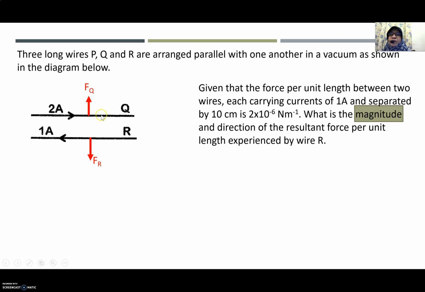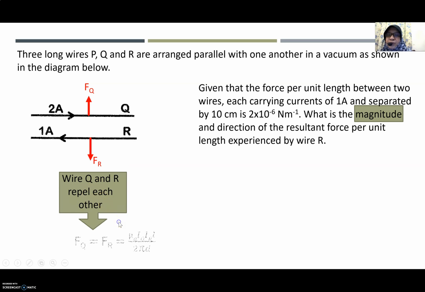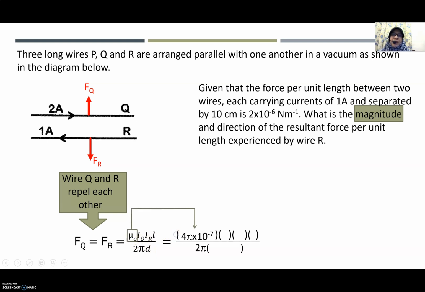So now joining together, we can see that both wire Q and R repel each other. Using the formula for force on a current carrying wire or conductor, the formula is given by mu naught IQ IR L per 2 pi D. The mu naught is 4 pi times 10 to the power of negative 7.